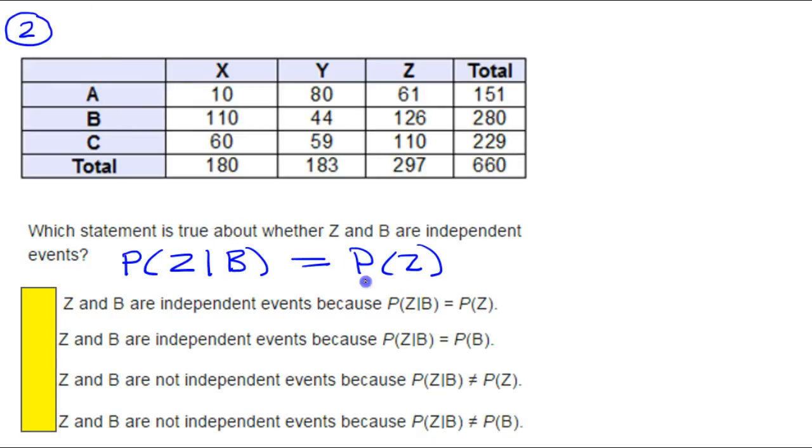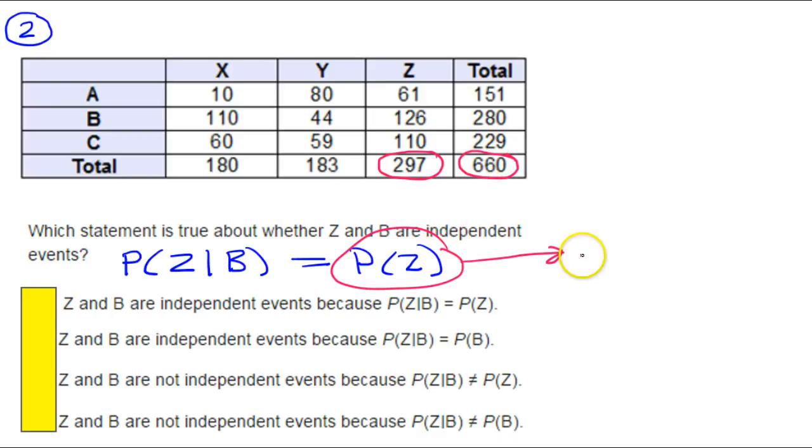Let's start with the probability of Z. This is the total number of Z's, and here's the total number of everything.